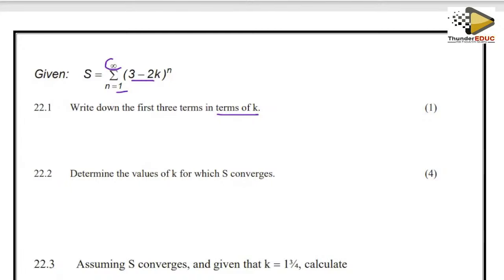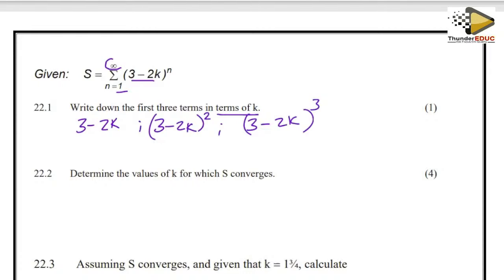So what we do is just substitute n with a 1. If I make n=1, that's going to be 3 minus 2k. The second term is going to be (3 minus 2k) squared, and the third term is going to be (3 minus 2k) cubed. So that is it.